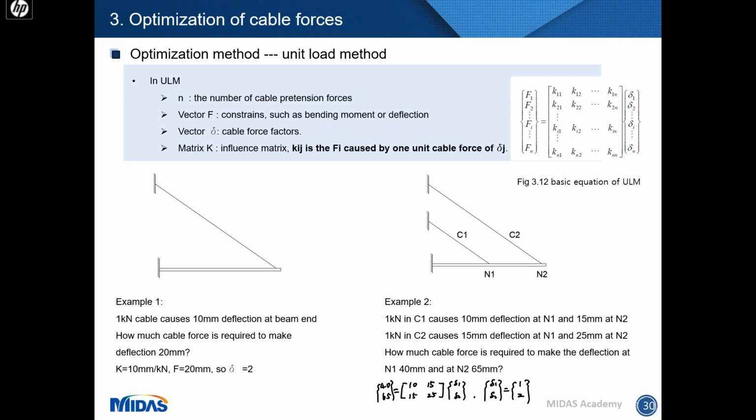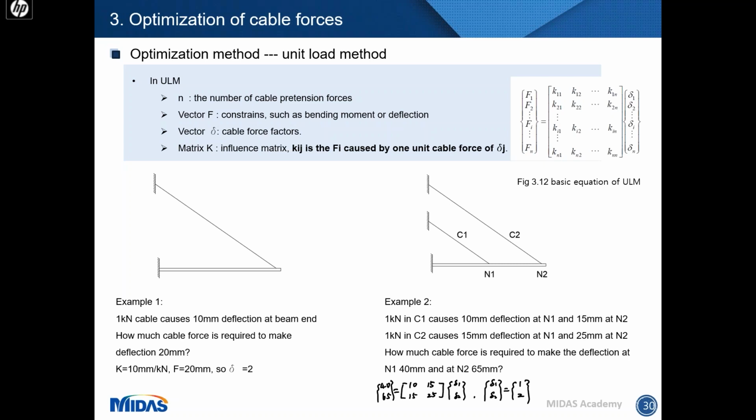In this example, the matrix K is 10 because 1 kilonewton cable force causes 10 mm deflection. And the constraint vector F is 20 because we want the deflection to be 20 mm. So we work out F equals K times delta. We can get delta is 2.